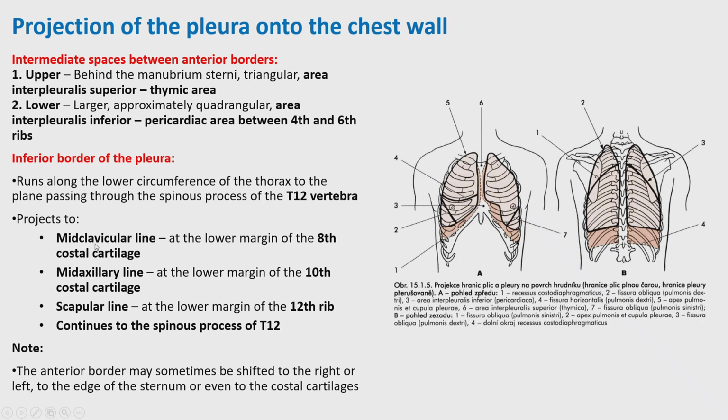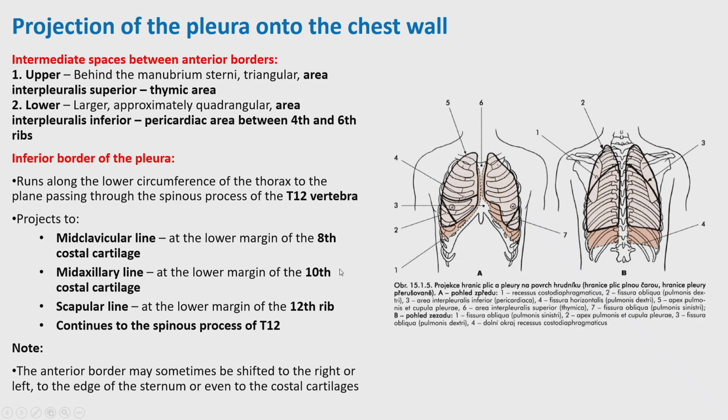So we ask you, for example, in the mid-clavicular line, which passes from the midpoint of the clavicle down, you will reach the 8th rib in this region, the inferior border of the pleura. In the mid-axillary line, which is at the apex of the axilla, if you go down, you will reach the lower margin of the pleural cavity at the 10th costal cartilage.